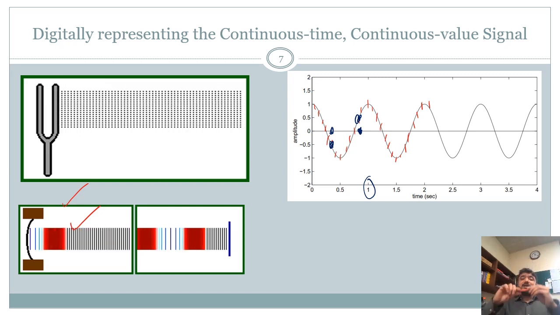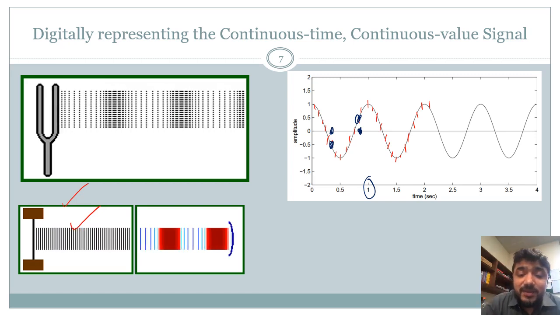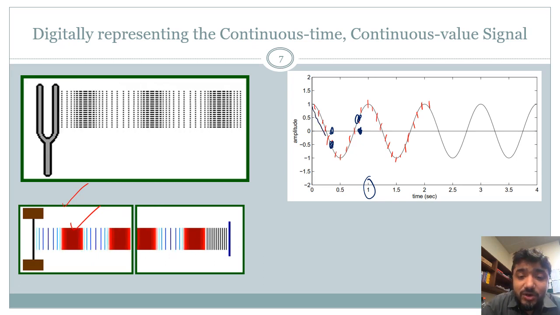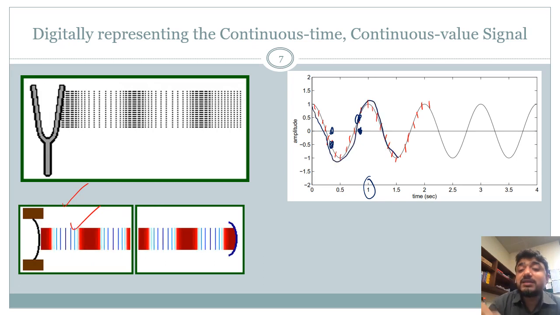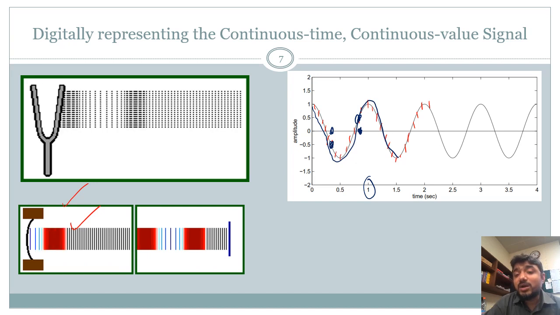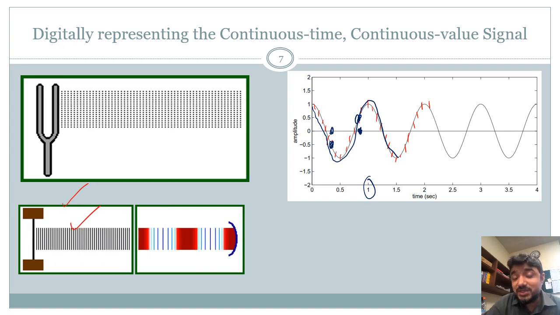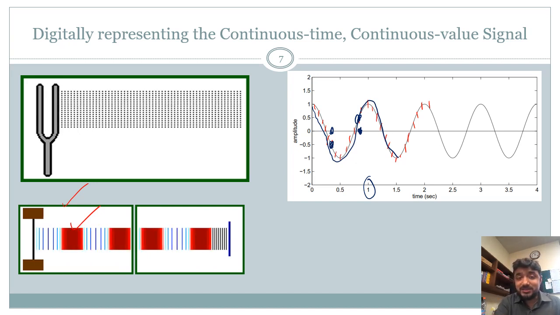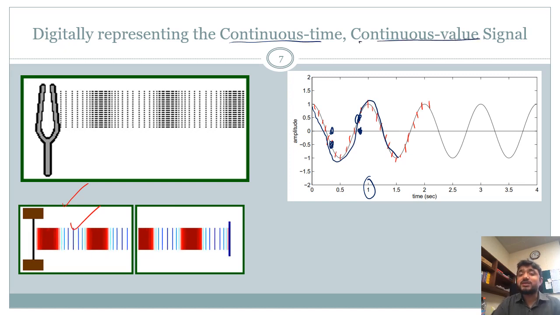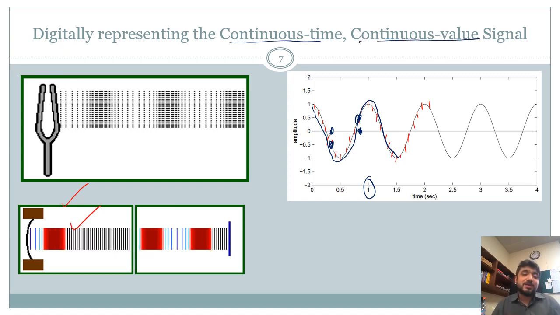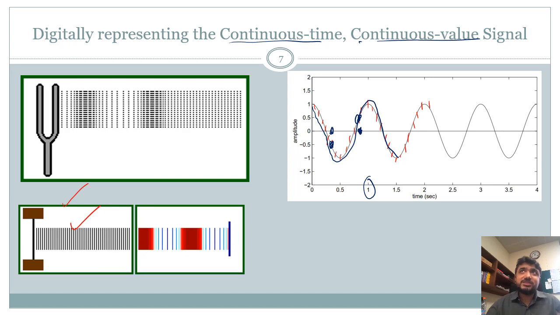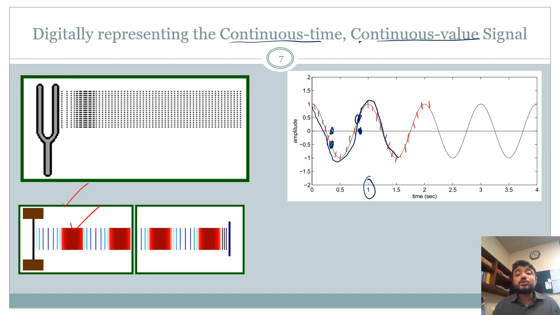That's the first thing. The second thing is, now I cannot represent all of these infinite values of the signal. So I need to somehow come up with a discretization in the value. So I need a discrete time, discrete valued signal. By discrete valued, I mean something directly related to how I want to store this information.